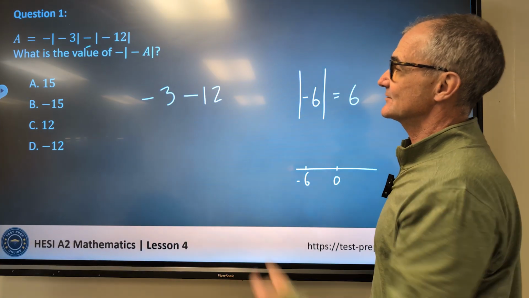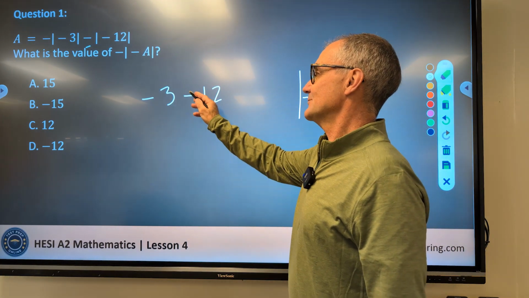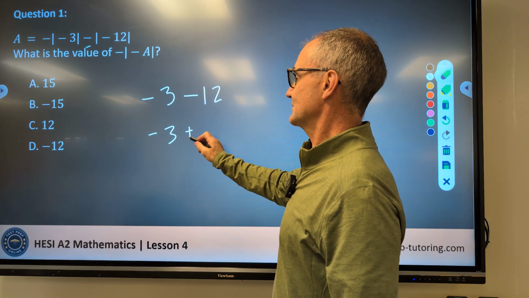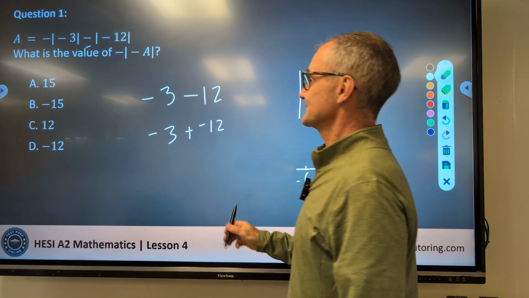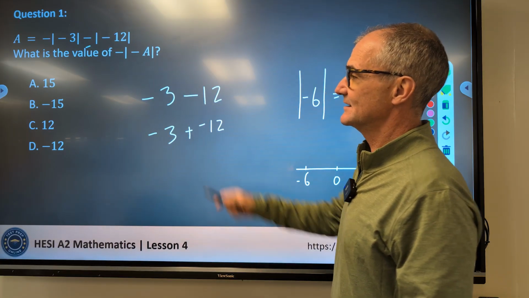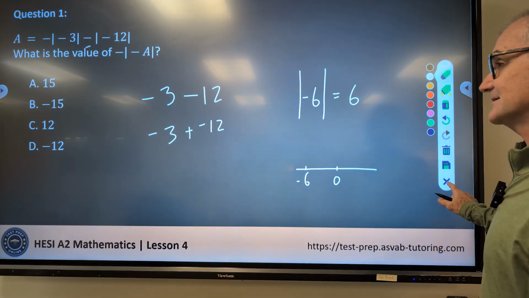And then from there, the way I remember these is I think a -3 plus a -12. So this is the same thing as plus a -12. And then -3 plus -12 is -15. Correct answer, answer B right there.